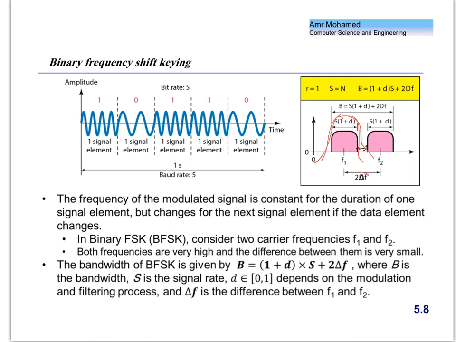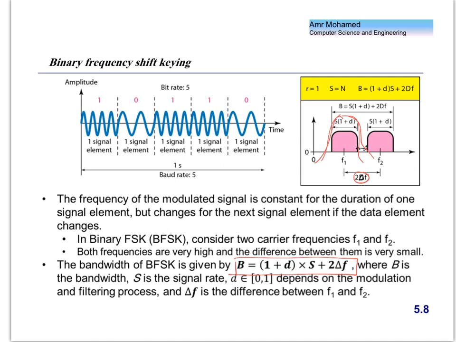So this 2 delta F is what we use to separate the two representations for 0 and 1. For each one of these, we have S times 1 plus D, which means that the bandwidth is S times 1 plus D plus 2 delta F.